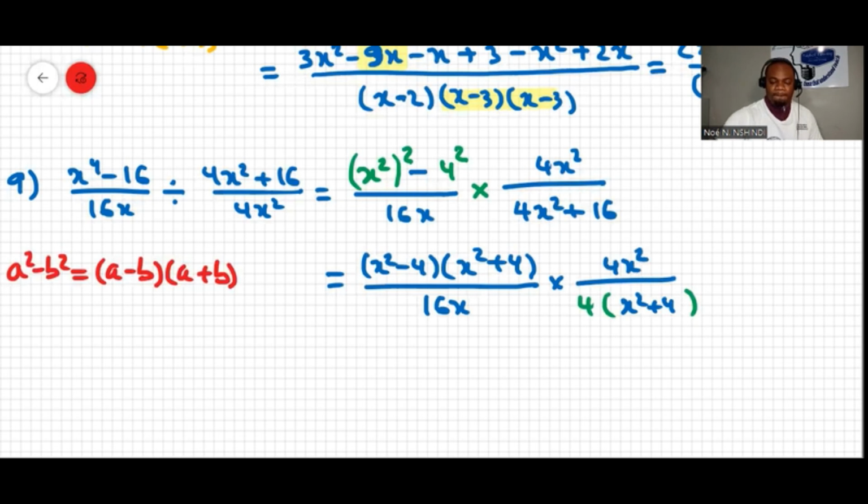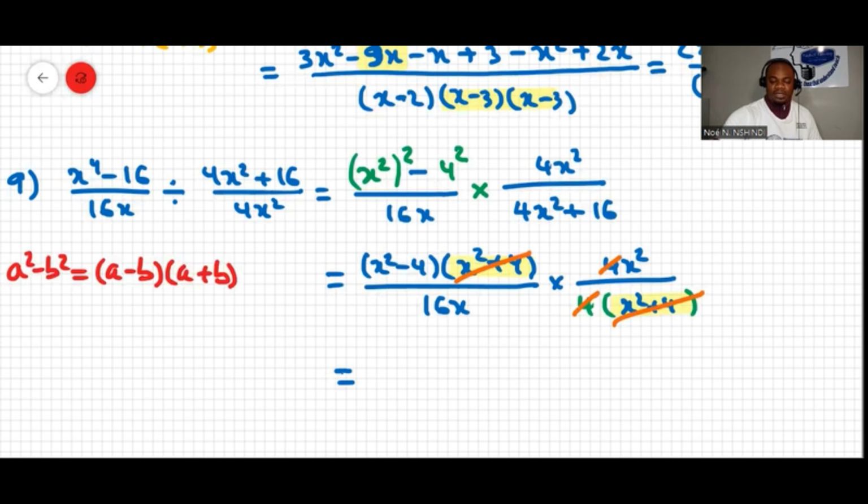When we simplify fractions, we can also simplify across. We have x squared plus 4 there, and x squared plus 4 there also. Note that these are common, so we can cross them out, and then we can simplify this 4 and this 4.